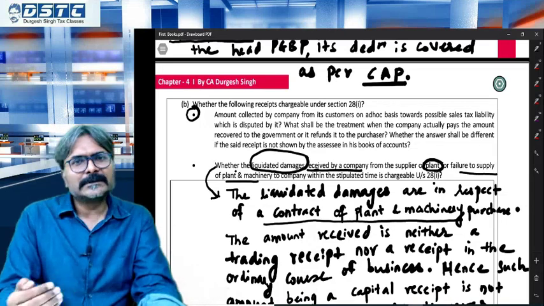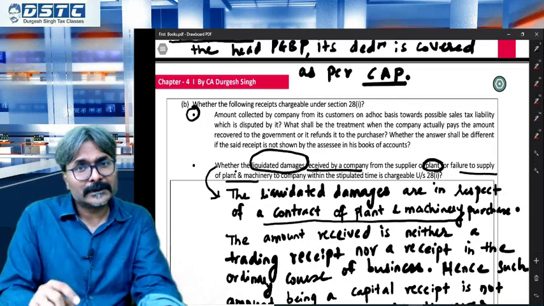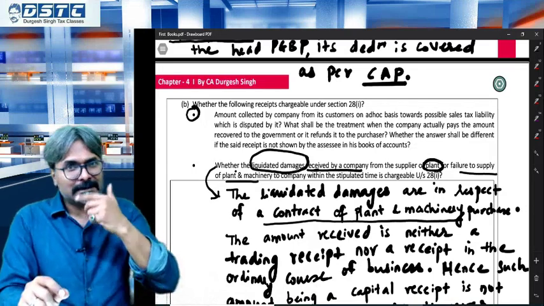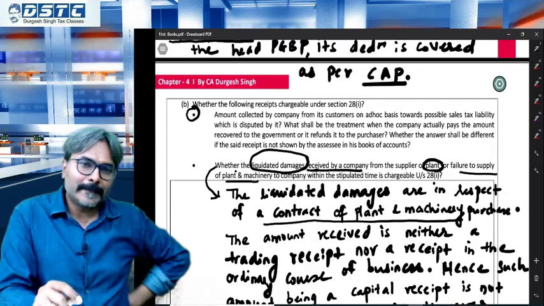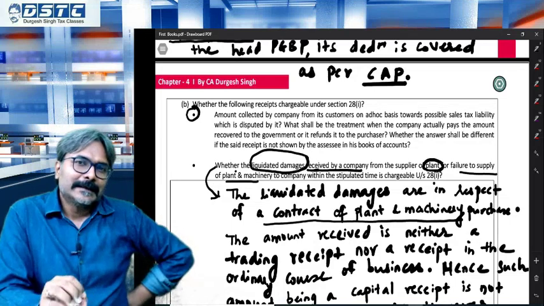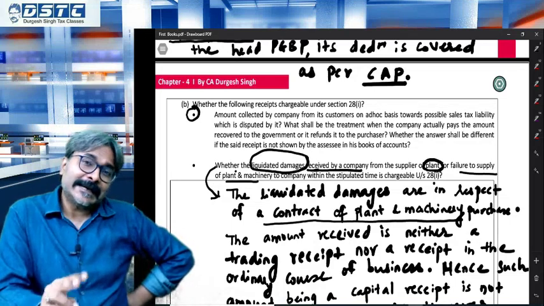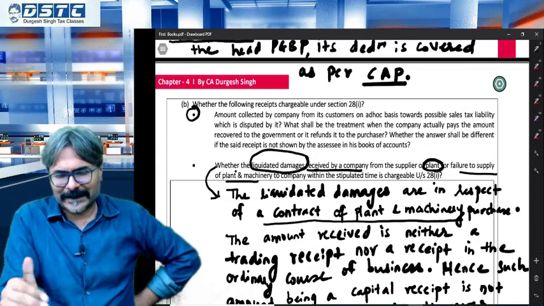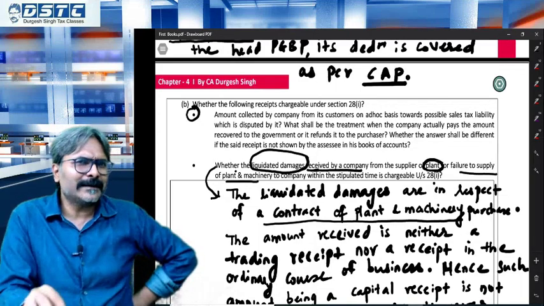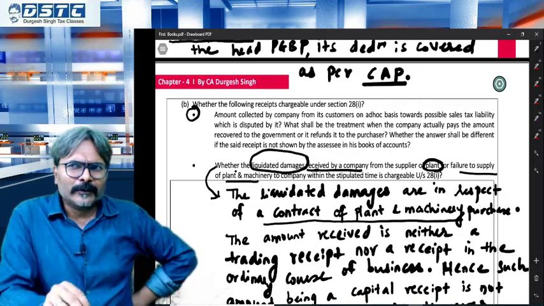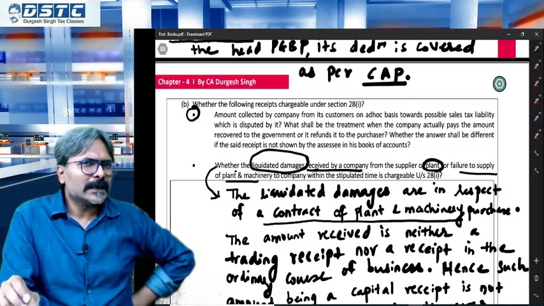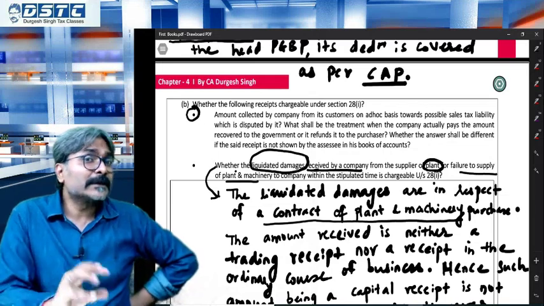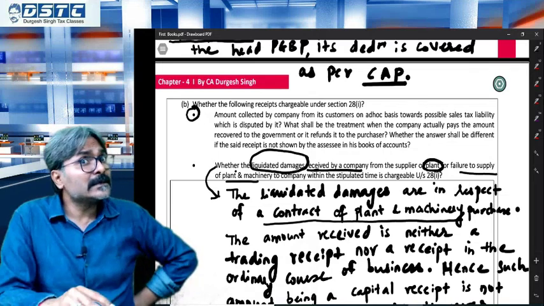If this is the case, now the next point, you should be very careful. Before I come to the ultimate question, I'll ask you this: do we have any specific provision under the PGBP which says that the percentage completion method should be applied in recognizing the revenue?